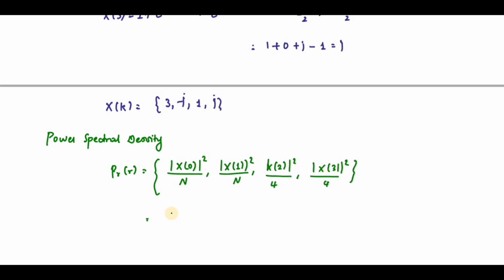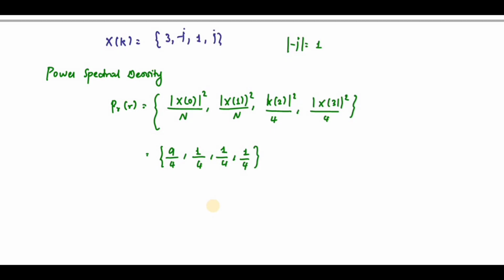So here it is 9 by 4. Next, if you take minus j, the modulus gives 1. So 1 divided by 4, 1 divided by 4, 1 divided by 4. So this is your answer, and this is your power spectral density.